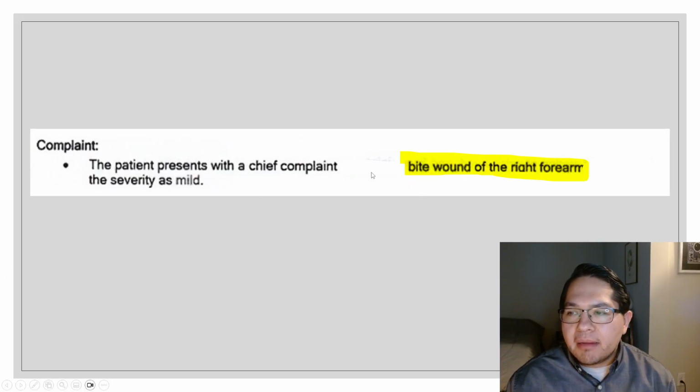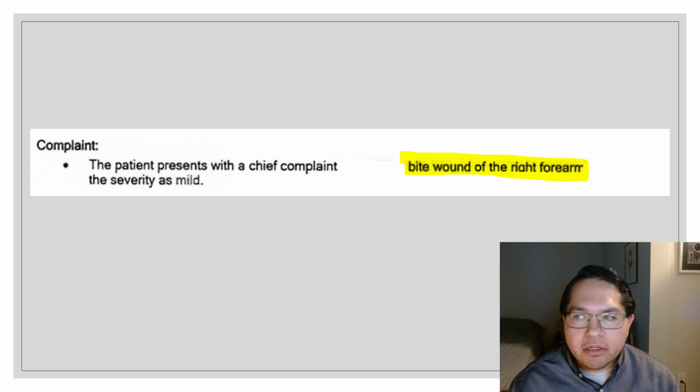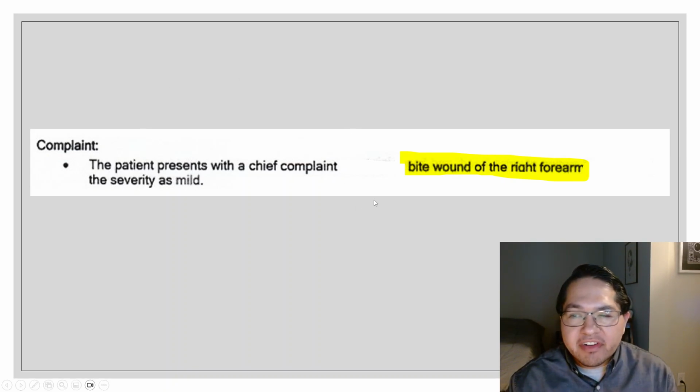Another one, bite wound of the right forearm. This could have been from a pet, or it could have been from an insect. It has to be very specific if it's an insect.